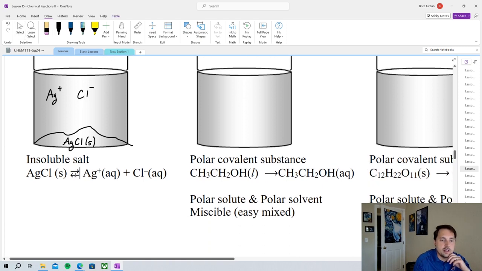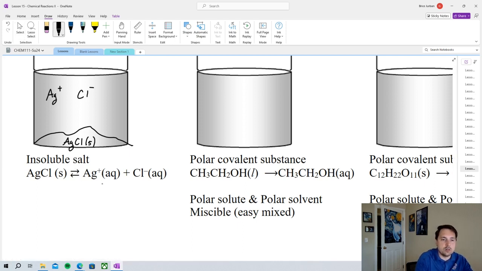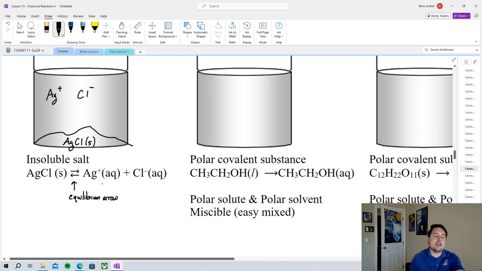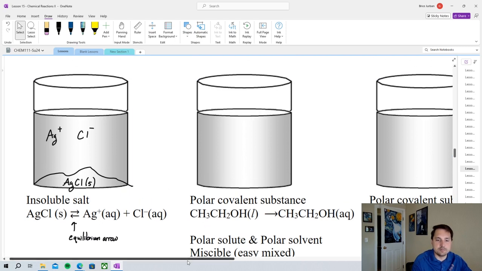And we indicate this with a double-headed arrow, meaning that this reaction is in equilibrium. So it's dissolving, but then it's immediately reforming, and the equilibrium is in the direction of the solid, which is why we have so much of the solid here in this container.